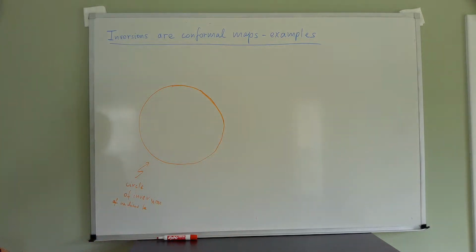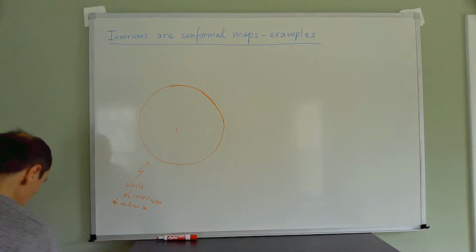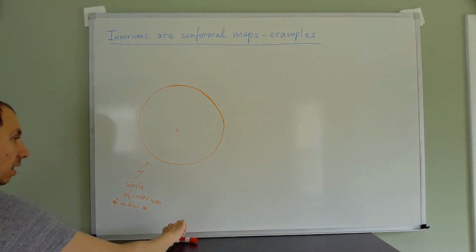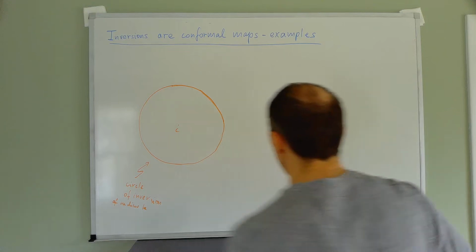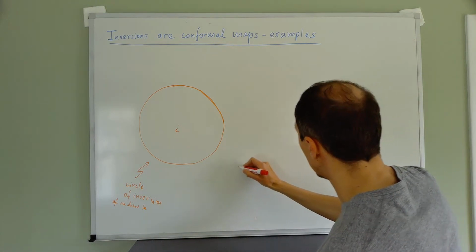Almost. Okay, so that's the circle of inversion here, C. And now I'm going to take two lines like before, line M and line N, and I'm going to intersect them now at the right angle.